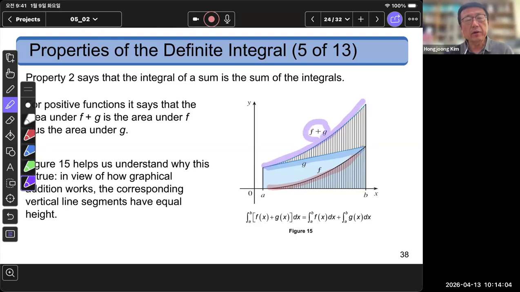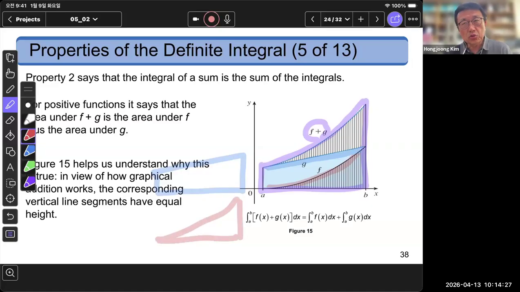Then the area between the graph of f plus g and the x-axis will be this area in purple. That will be the same as the area of this blue region plus the area of this red region.